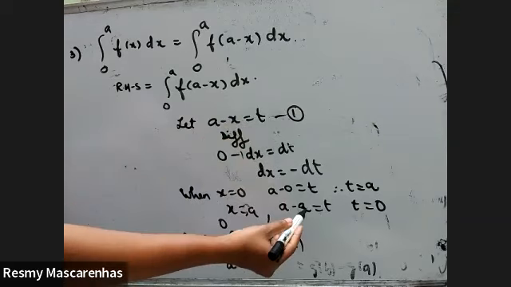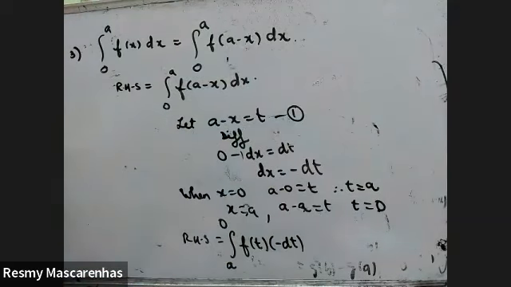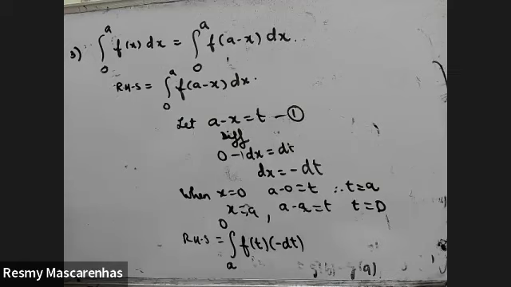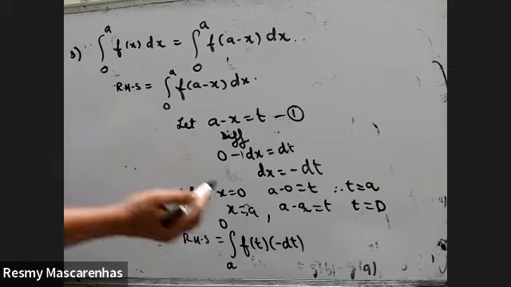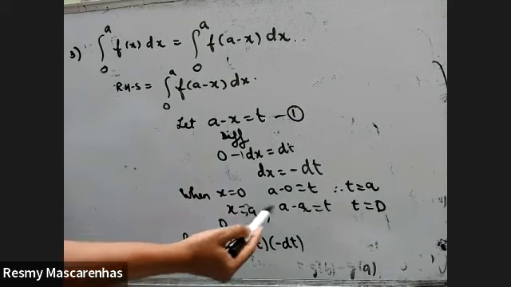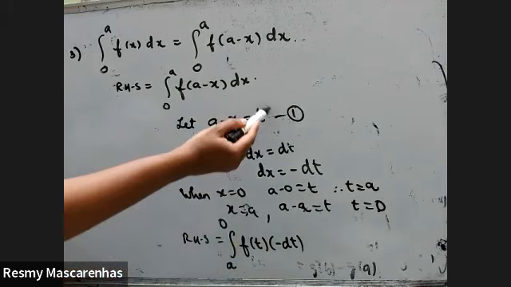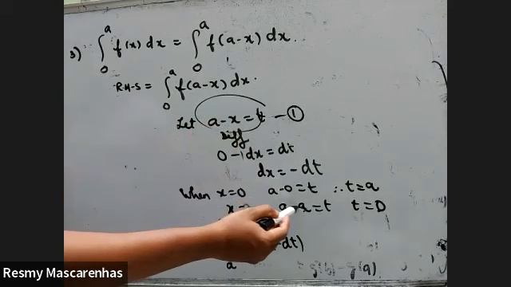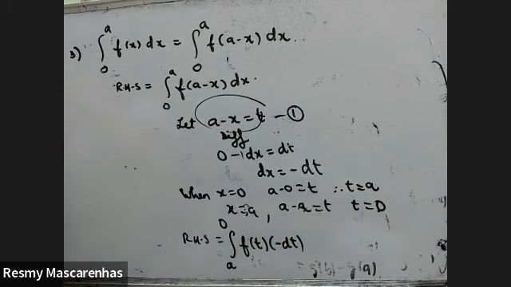A minus a, no. Wherever x is a, just put a. Normal. A minus a, that would be 0. Even if something is wrong with the handwriting, at least try to make out the logic, what it must be. When x is a, I have to put x over here, and that's why I get t is 0. Now substitute everything in terms of t.